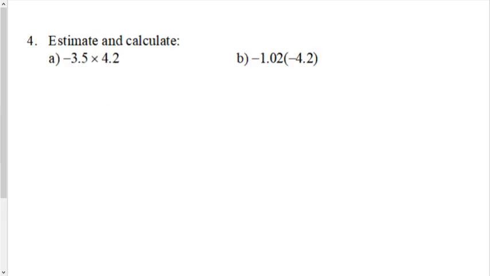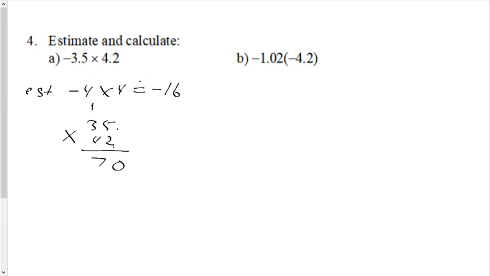Question 4, estimate and calculate, this time multiplication. My estimation will be -4 times 4, which is approximately -16. When you calculate, you drop your decimals, you drop your signs, and you just multiply using a basic grade 5 algorithm. 2 times 5 is 10. 2 times 3 is 6 plus 1 is 7.